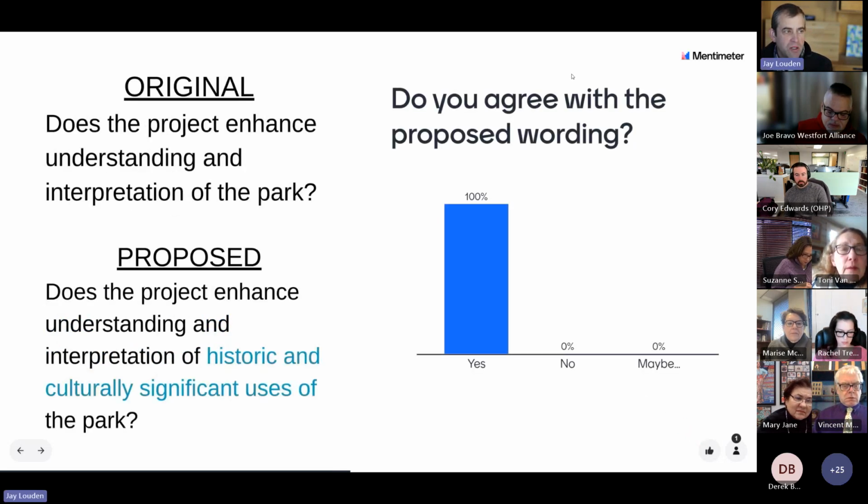Next one, the original: does the project enhance understanding and interpretation of the park? And proposed expands on that: does the project enhance understanding and interpretation of historic and culturally significant uses of the park?